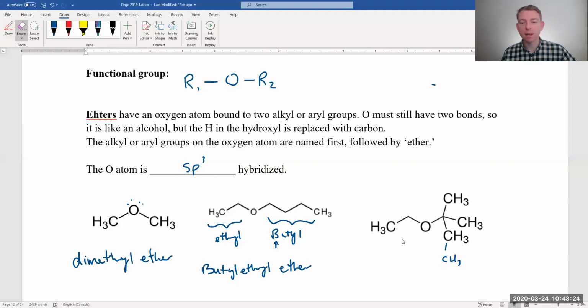So that we've seen it as isobutyl. But when all of the carbons are connected onto one, for a butyl group like this, it's called tert-butyl. And then the rest is the same, ethyl ether.